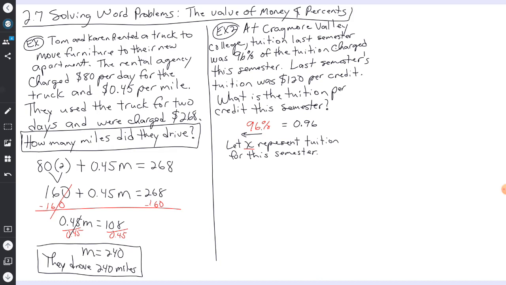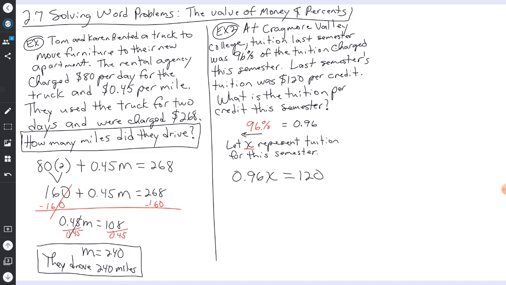Yeah, because we're told that tuition last semester was 96% of the tuition this semester. So 96% of tuition for this semester would be 0.96x, and then we will set it equal to the 120.